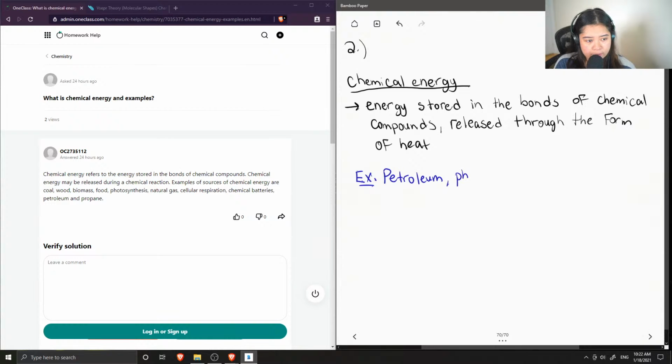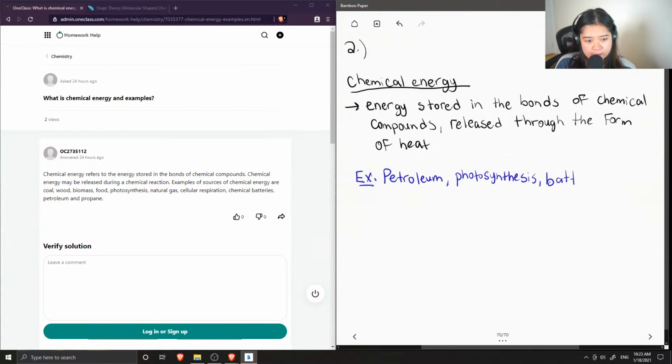Another example is photosynthesis. Plants get their food source, I'd say, from light, and then through photosynthesis, they can store all of this energy, and that's how they use it to grow.